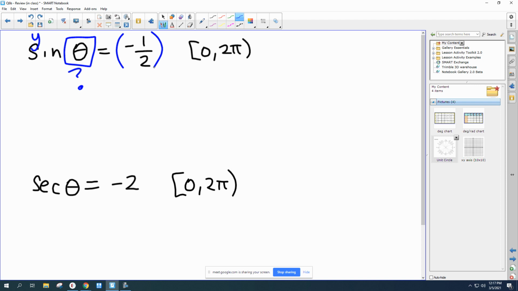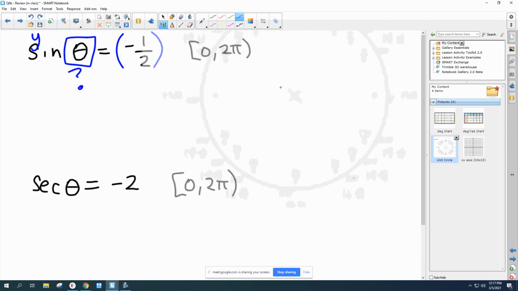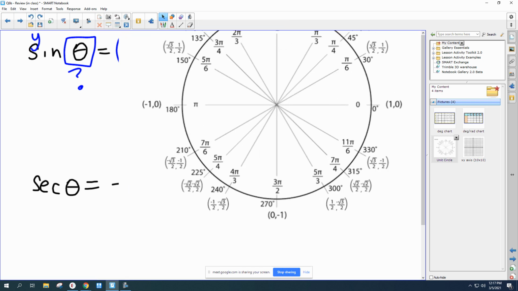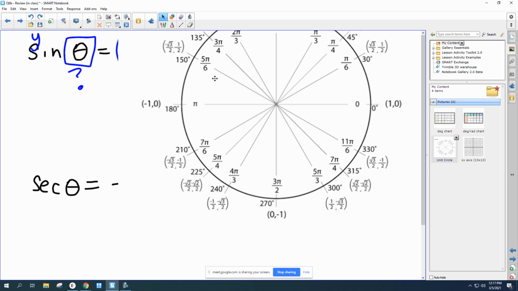So if you look at your circle, and we want to find a y-coordinate that's -1/2, you're looking here and here. So you can look at the circle and see the answers immediately.